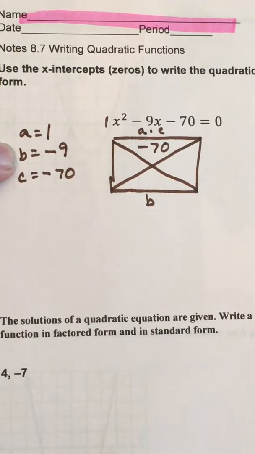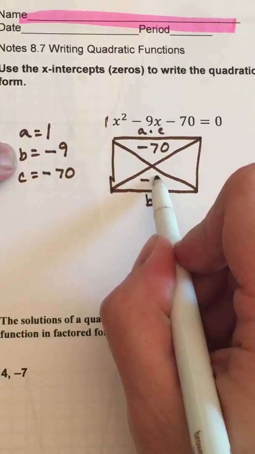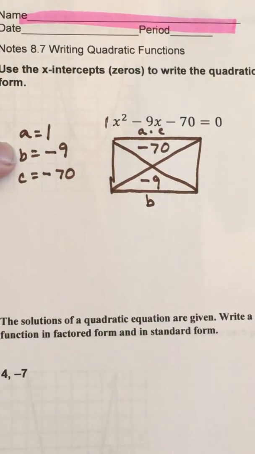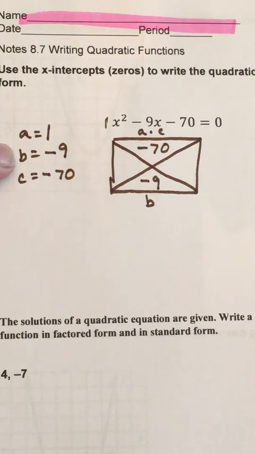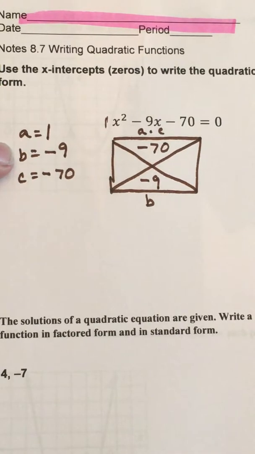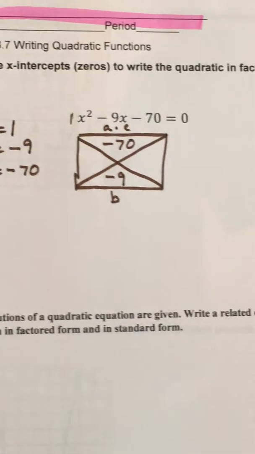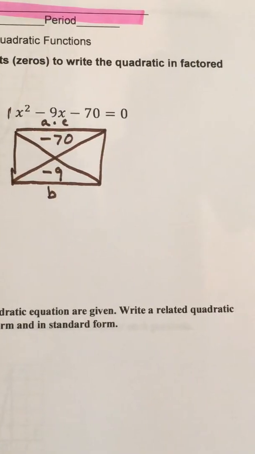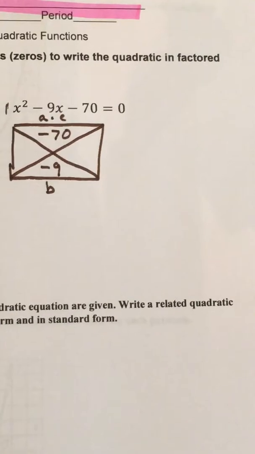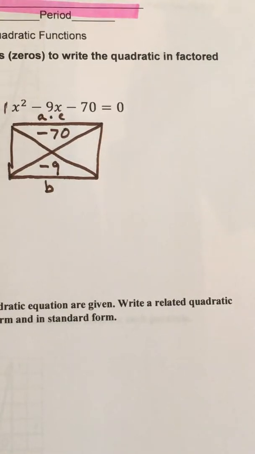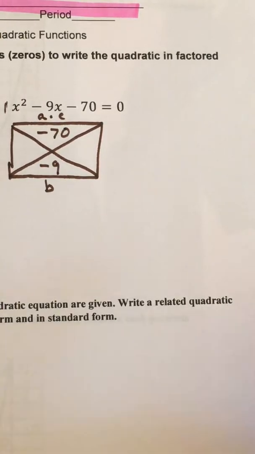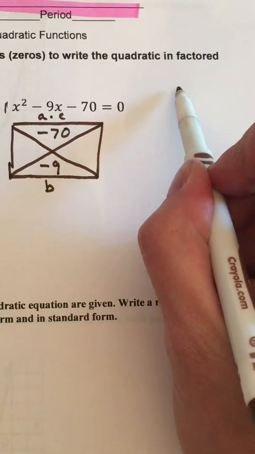Whatever b is, you put it in that bottom triangle, -9 for us. At this point, this is where the work comes in. It's not horrible. It's just remembering your multiplication, adding, and subtracting. It's just a process.